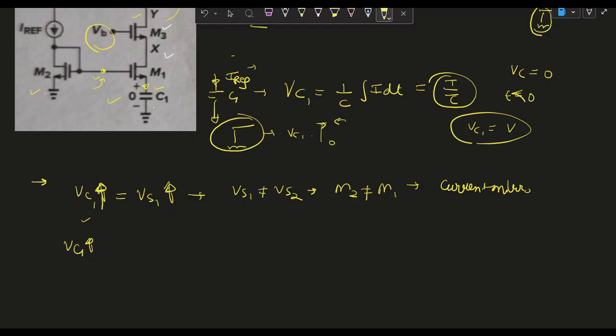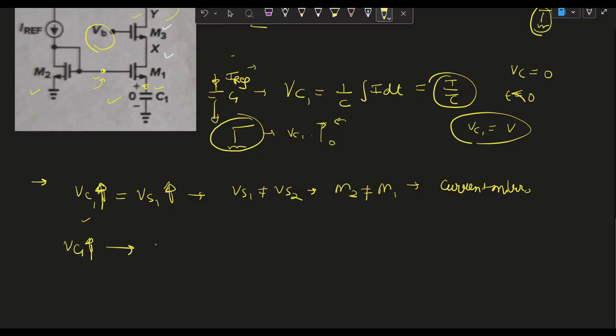We assume that our MOSFET M1 is in saturation, but it is not a current mirror with M2. Are you getting my point? VC1 is not so high that it can take the MOSFET out of saturation and push it into a triode region or off state. So this is my point. Okay, so VC1 is increasing.